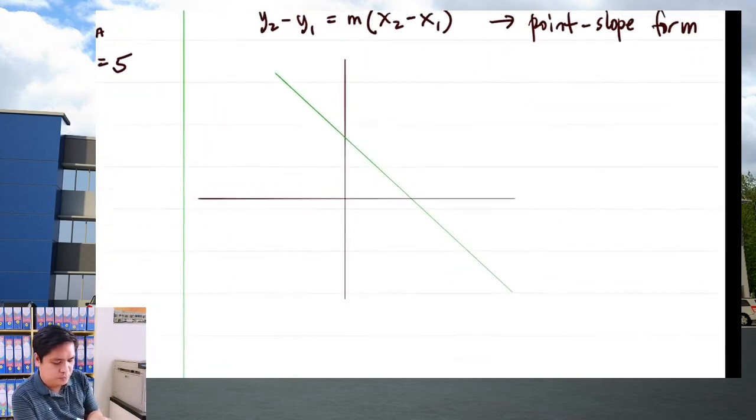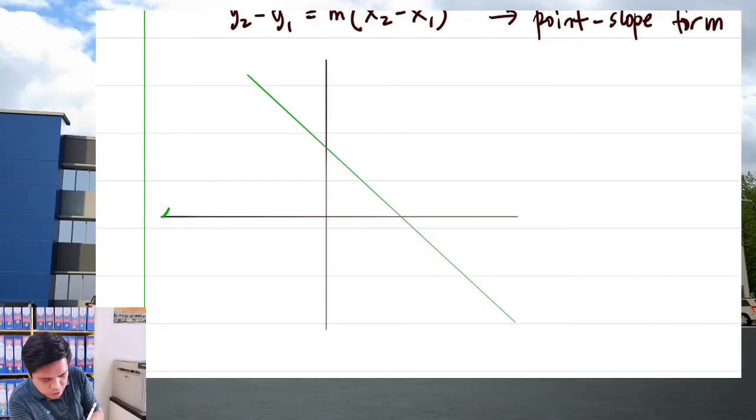Now, let's continue with this illustration. So, suppose we have this line, oriented siya that way. Then, we'll denote this intersection between the axes as coordinates na lang ilagay natin.